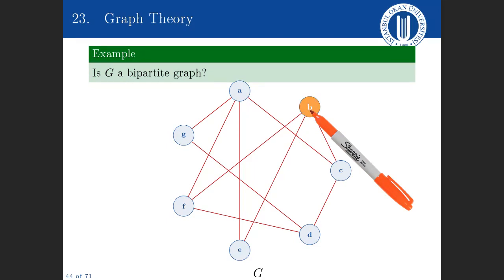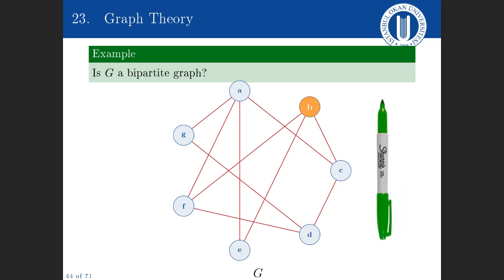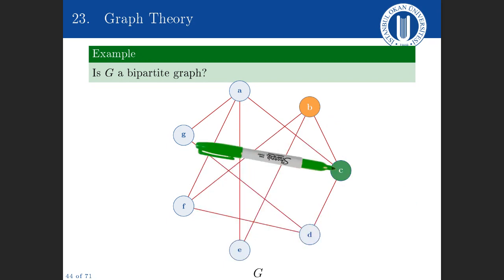And then after I've done that, I'm going to change to my other pen. Next, I'm going to use my green pen, and I'm going to color in every vertex which is connected to B. So for example, C is connected to B, so I'm coloring this one in green.